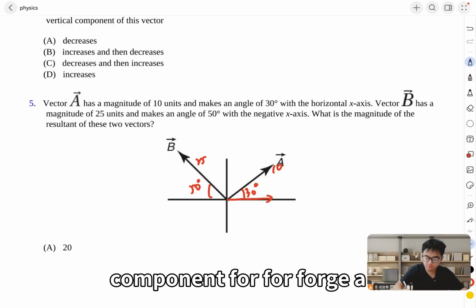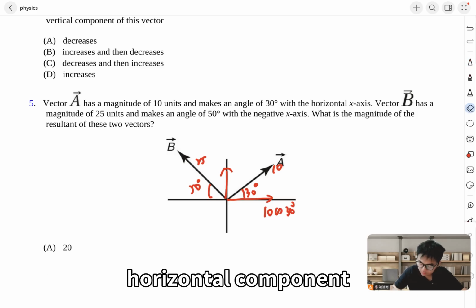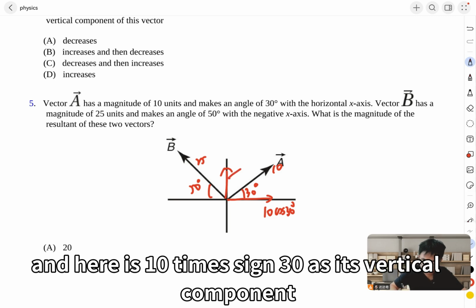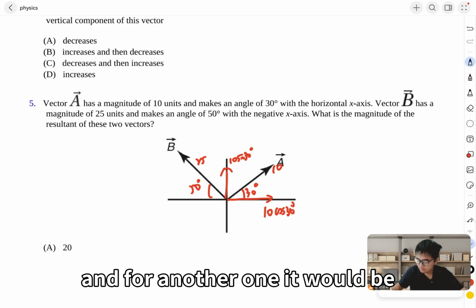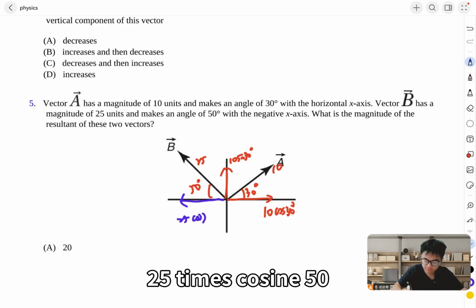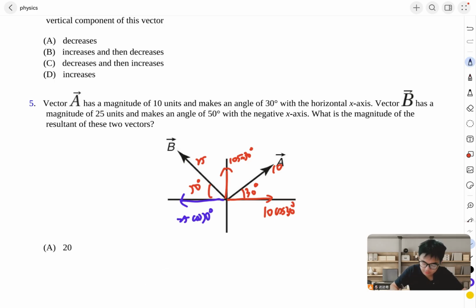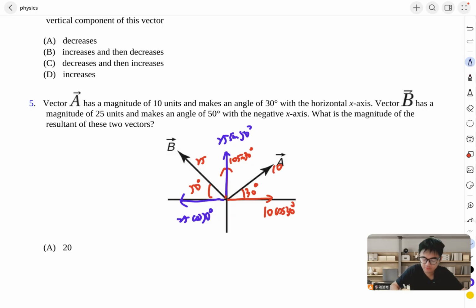For vector A, it's 10 times cosine 30 as its horizontal component, and here is 10 times sine 30 as its vertical component. And for the other one, it would be 25 times cosine 50, and for its vertical one, it's 25 times sine 50.